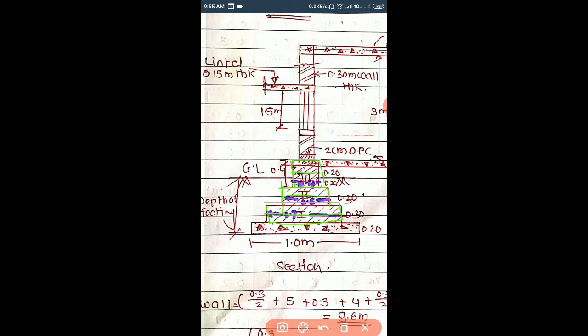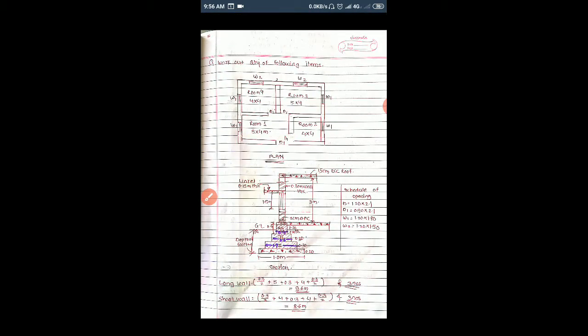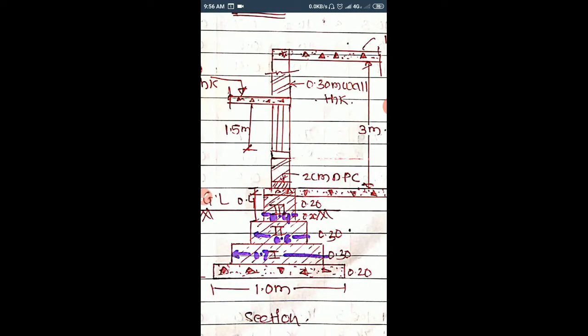The thickness and width are given, and length we will do with the long wall and short wall method. For each step we have a different width. For the first step, this purple one, we have 0.7 meter width, for the second step 0.6 meter width, and for the third step 0.4 meter width.